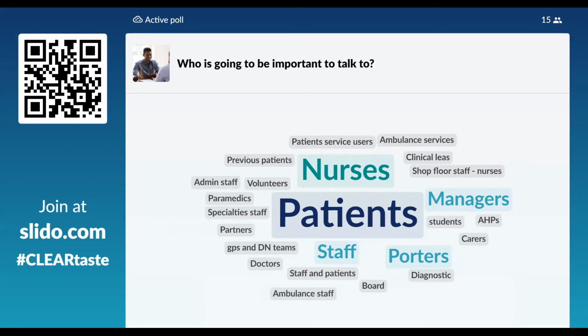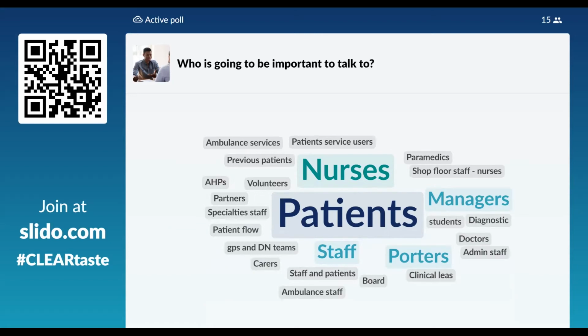Brilliant. So in this engagement part, some great thoughts coming out here. What we really want to do is identify all the people who are involved in leading, delivering, or interacting with the services. So it's a very wide range of people, as you've said here. And as you say, they could be service leads, it could be clinical staff, and non-clinical staff as well.